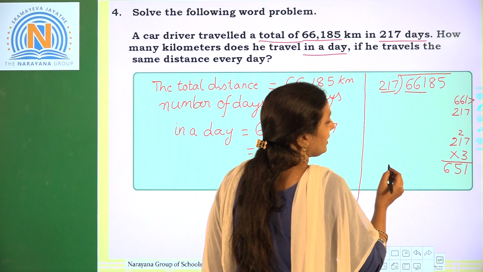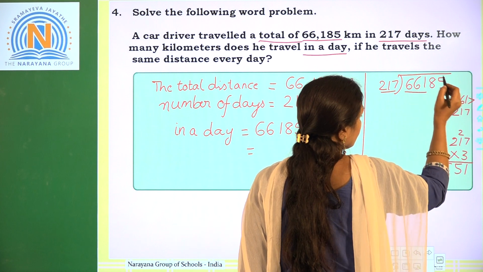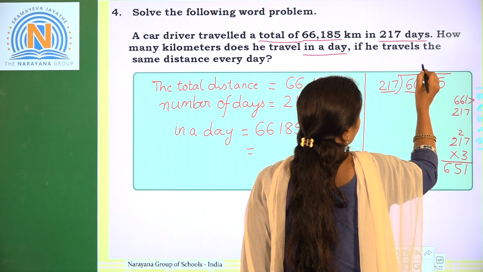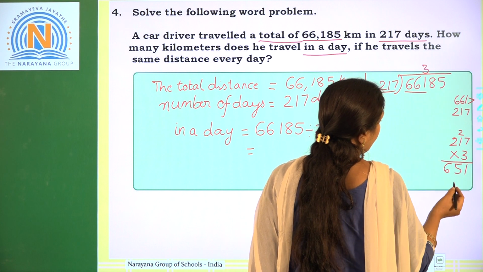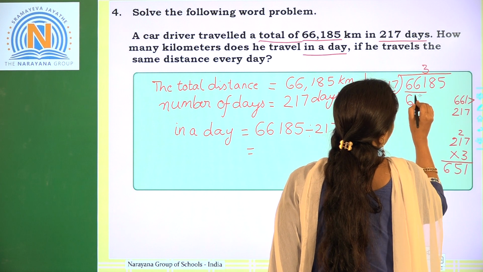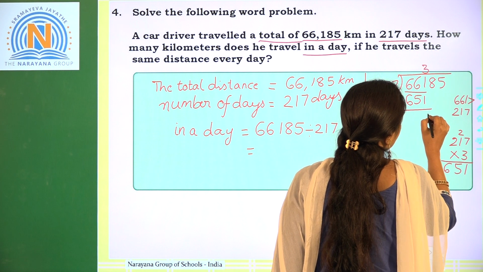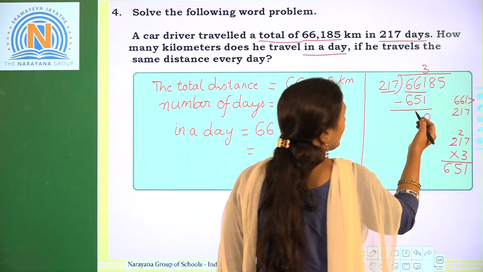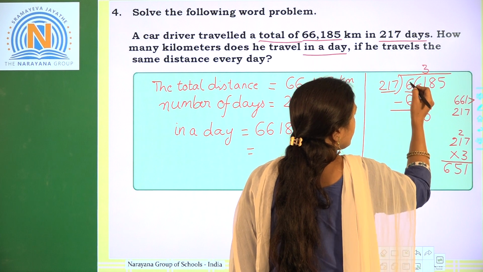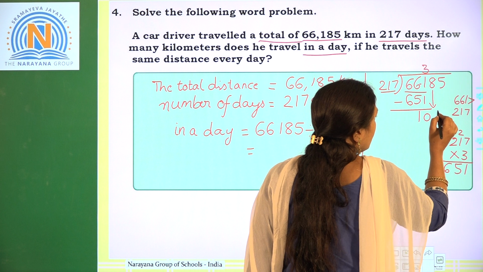Yes. Here we write 3 217s are 651. Now subtract. 1 minus 1 is 0. 6 minus 5 is 1. 6 minus 6 is 0. Now bring down the digit.